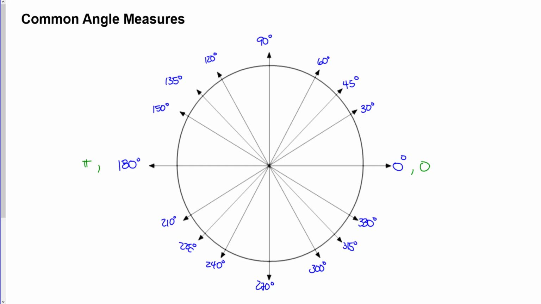So it should make sense that 90 degrees is equivalent to pi over 2. Now if you take pi plus pi over 2, you have to get a common denominator. So it would be 2 pi over 2 plus pi over 2 is 3 pi over 2. That's the equivalent of 270 degrees. So 3 pi over 2.